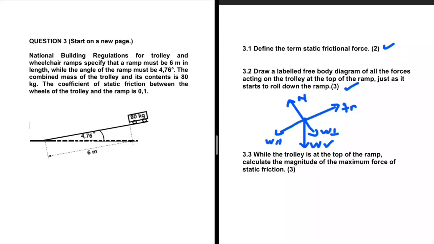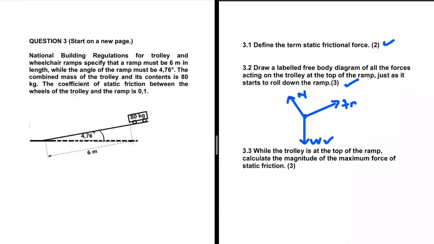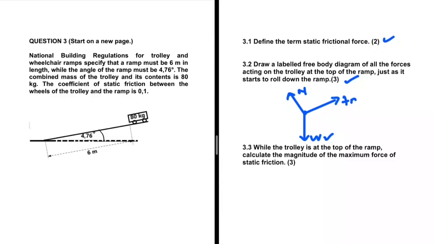By looking at this, you can see clearly that the weight parallel is down the incline, and the trolley will be moving down the incline because of that force. There is no other opposing force, so it will move down the incline, right? So that is why we are saying that frictional force is up the incline, because weight parallel is down the incline, and it's the only force that is doing work on our object along the incline.